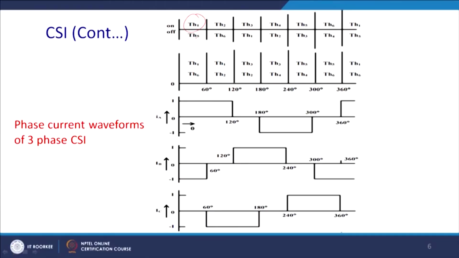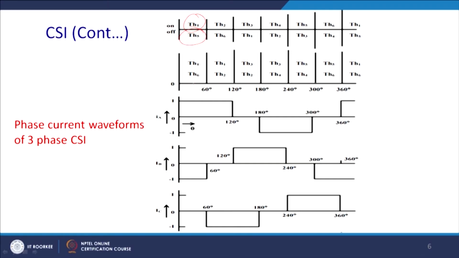So, these are the characteristics of TH1 on and off. The outgoing thyristors were TH5, and then TH2, TH3 and so on. Accordingly, we will give the names.